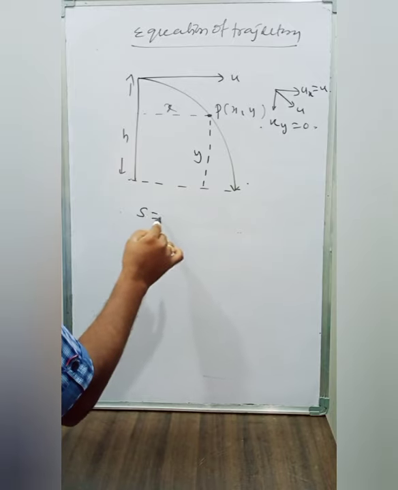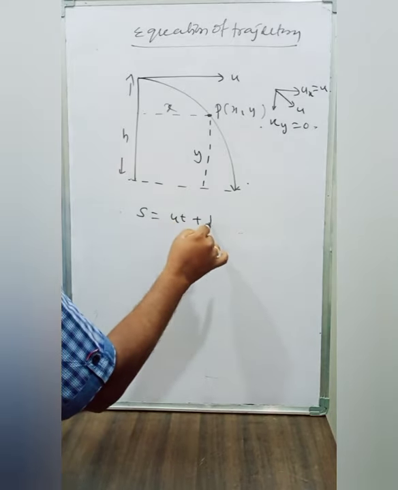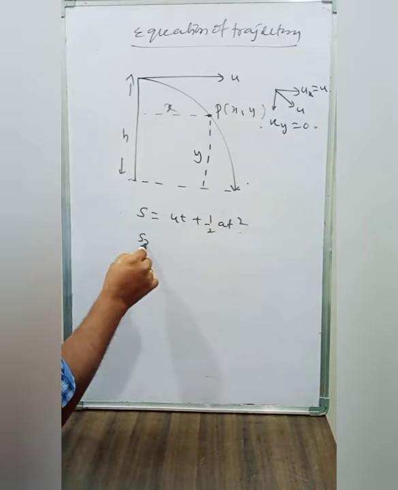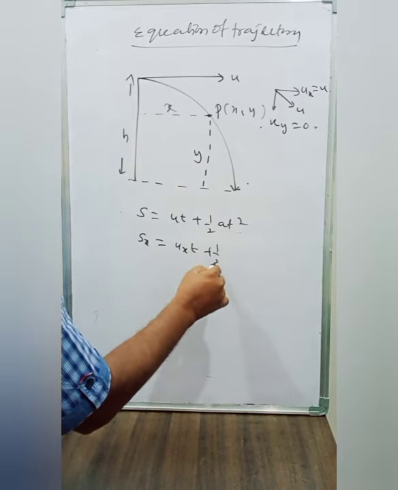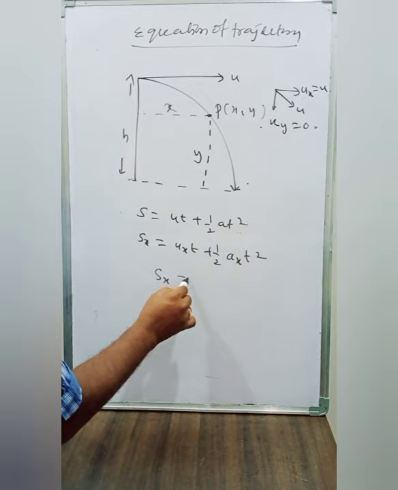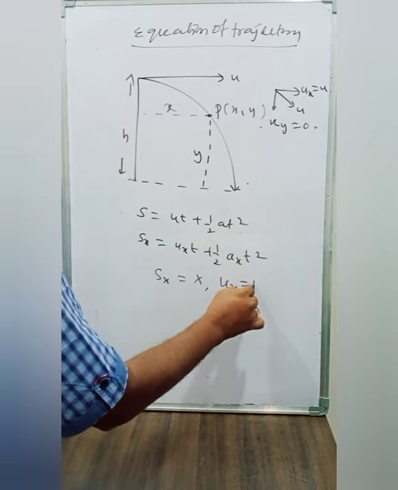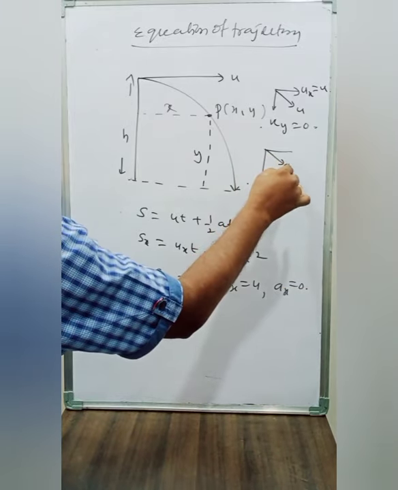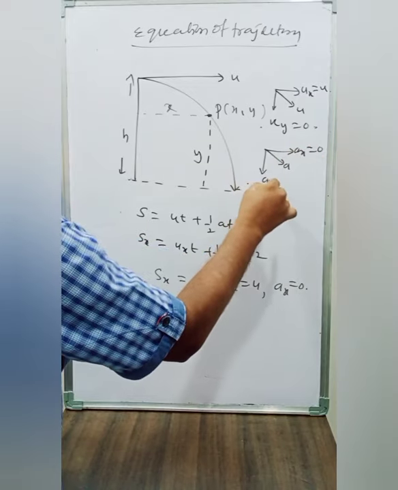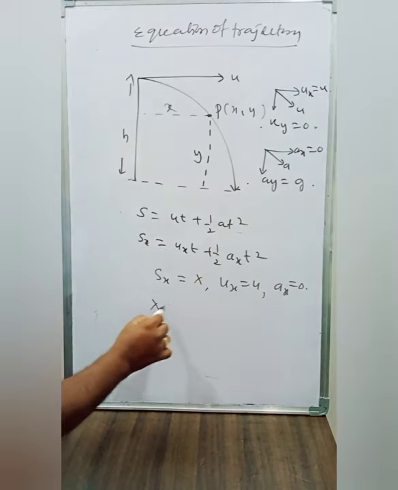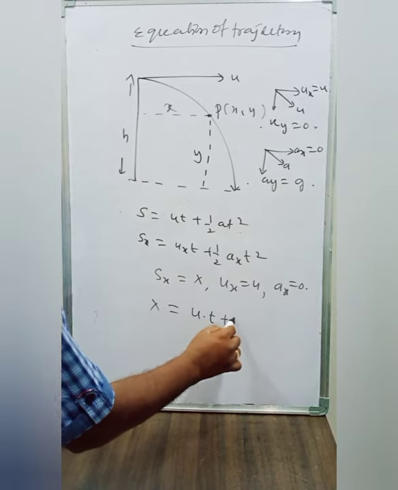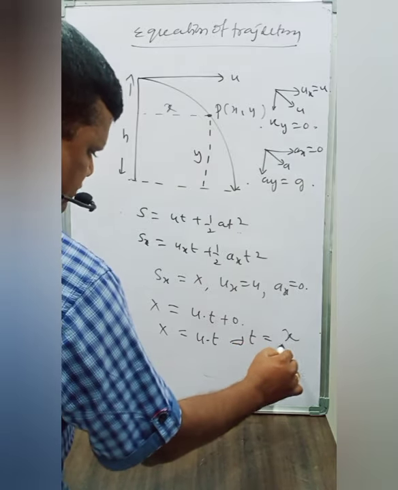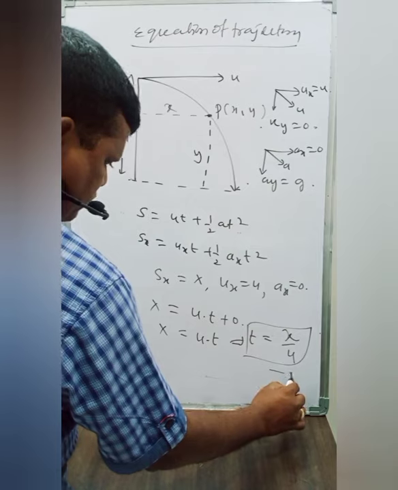We use s is equal to ut plus half at square. Sx is equal to ux t plus half ax t square, where sx is equal to x and ux is equal to u. Therefore ax is equal to 0, and ay is equal to g. Therefore x is equal to u into t, which implies t is equal to x by u. This is equation number 1.